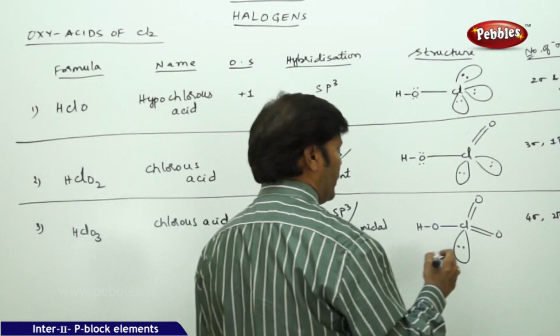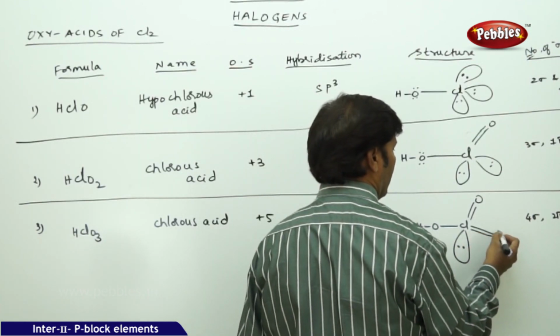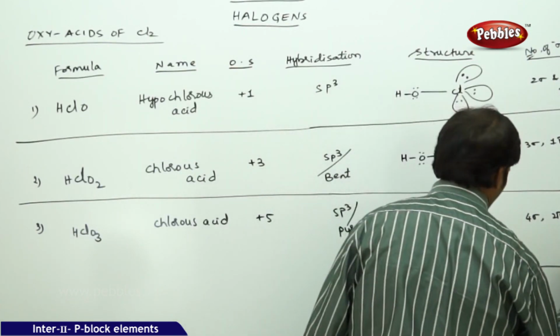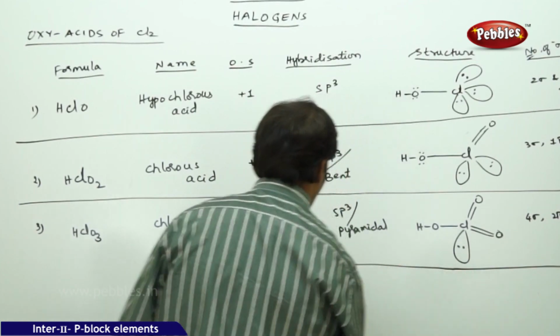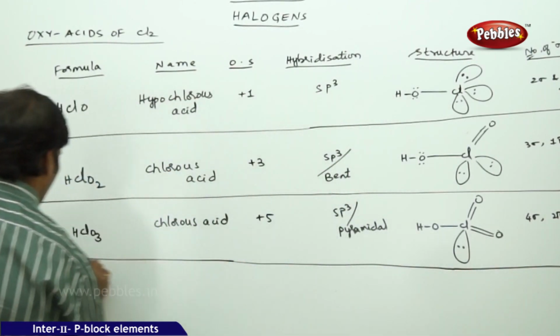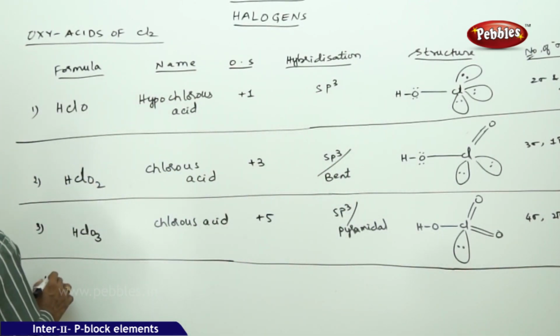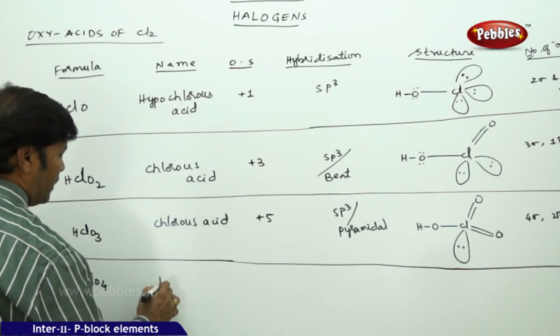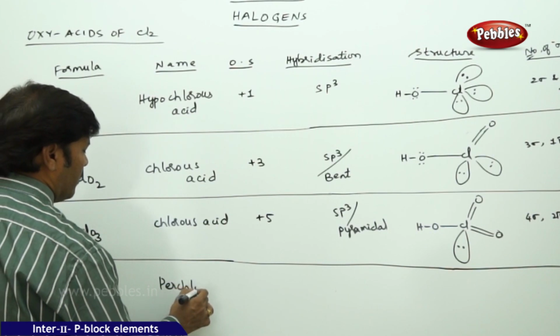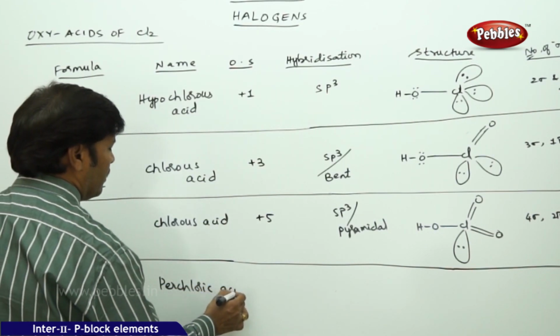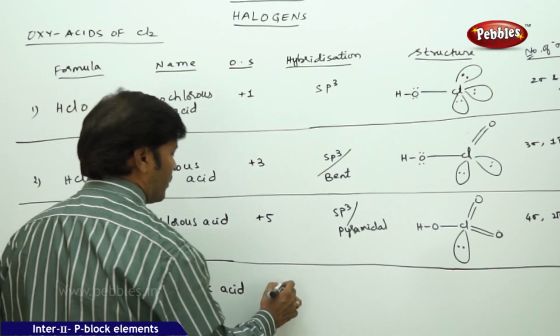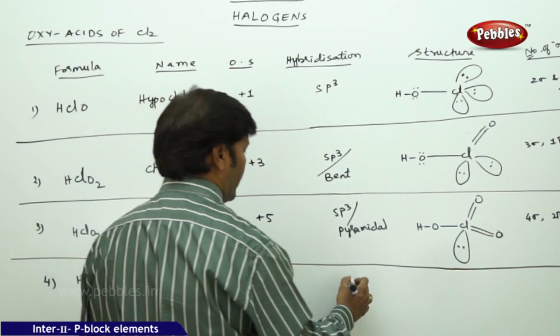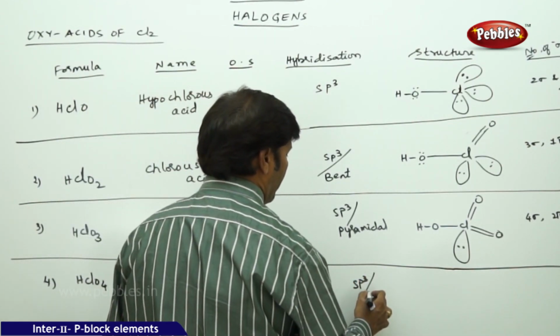Then the last one, the fourth one, HClO4, this is perchloric acid with +7 oxidation state, sp3 hybridization, tetrahedral.